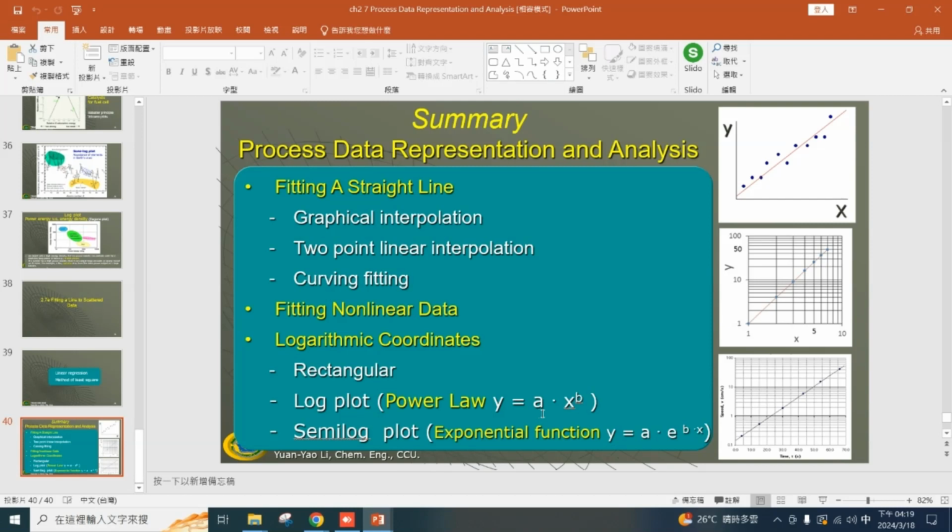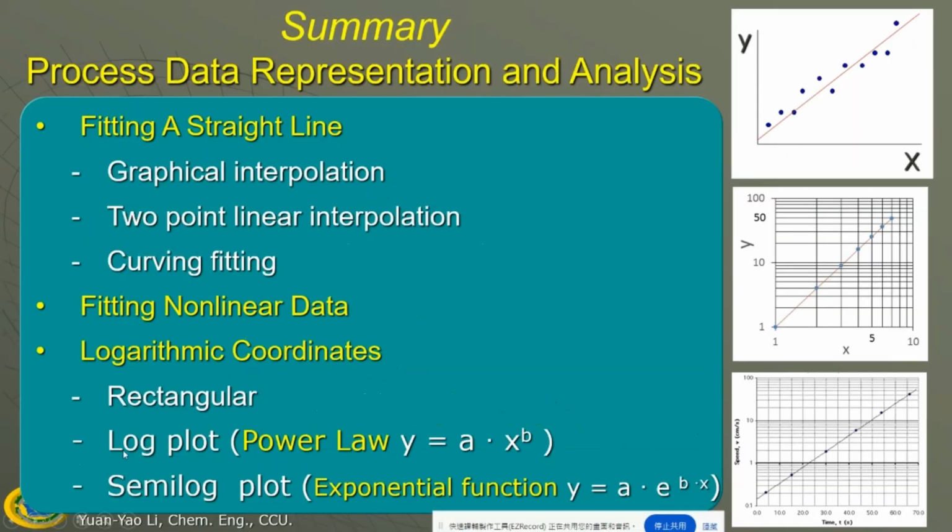When you have an equation like this, and you use the log plot, you will find that the data will become one straight line. As a result, you can find out A and B. Once you have the straight line, you can find A and B using 2 points.